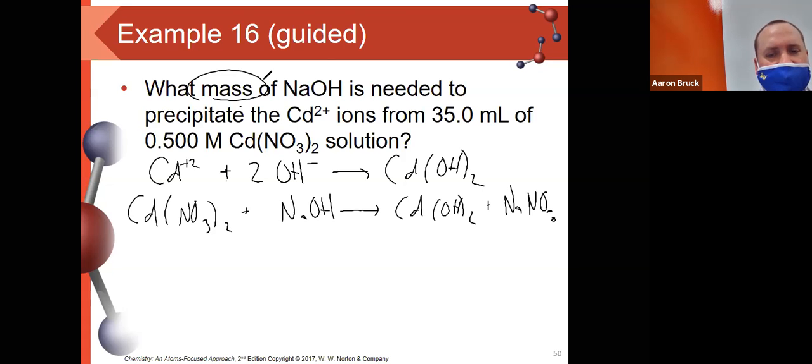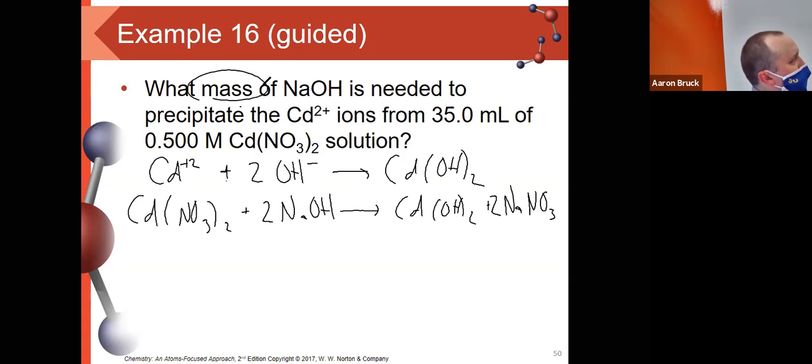We could have gone this direction as well. It would have been just as fine, just as good. All of the coefficients would have worked out the same. And so in this case, it really doesn't matter. If you were able to see the net ionic equation there, you could have run with that directly.